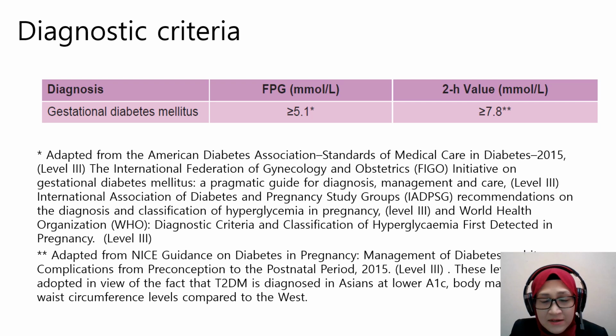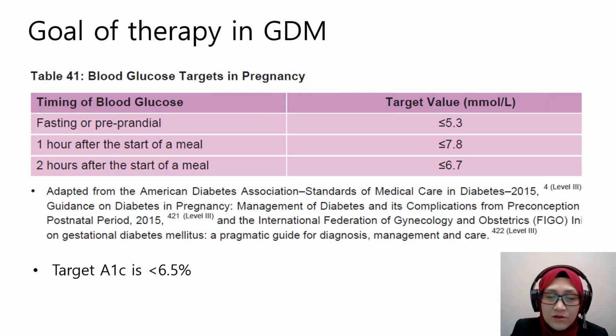For the diagnostic criteria I mentioned before, the fasting blood glucose is more than 5.1, and the 2-hour post glucose load is 7.8. So these are the readings after the woman takes the glucose load, or GTT test. So the goal of therapy for women with GDM is to target the glucose level.